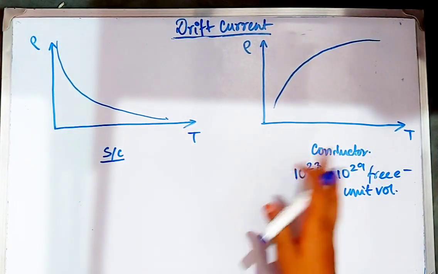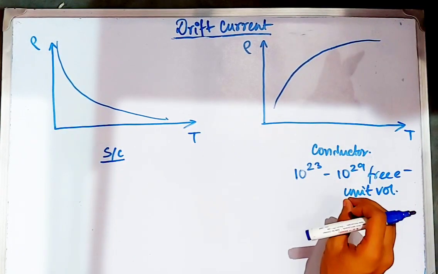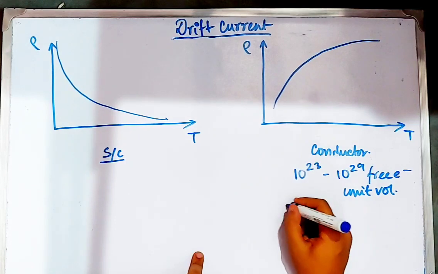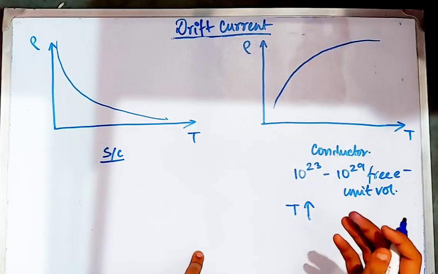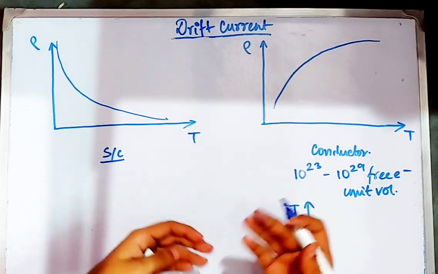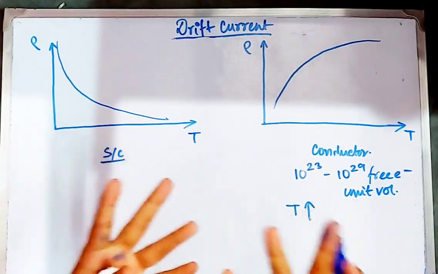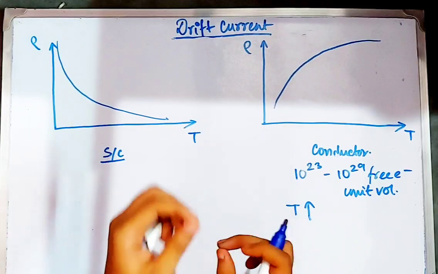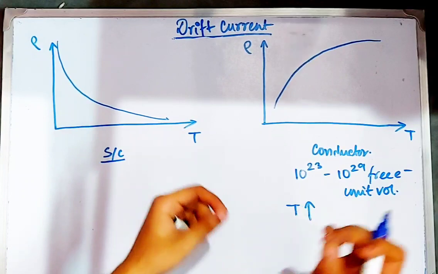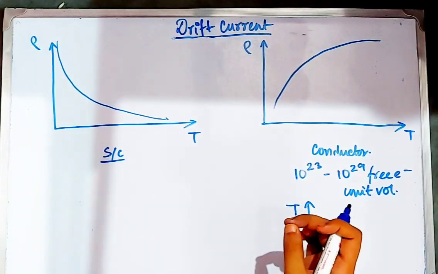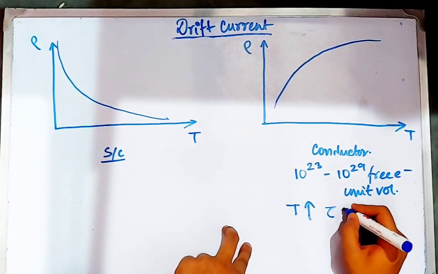That means there is an enormous number of free electrons present at room temperature. If I increase the temperature further, the collisions will occur very rapidly. That means the average relaxation time between the collisions of the electrons will get decreased.